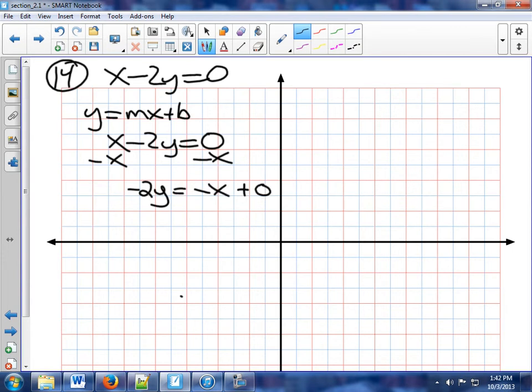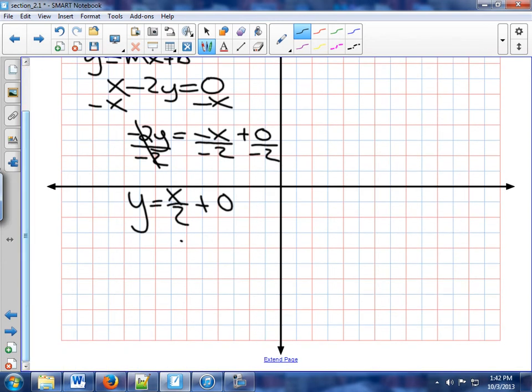I don't really need the 0 there, but I'm showing you where it is. Now I cannot have a variable in front of the y, so I have to divide everything by negative 2. So these cancel, and I have y equals negative over negative is a positive, x over 2 plus 0.